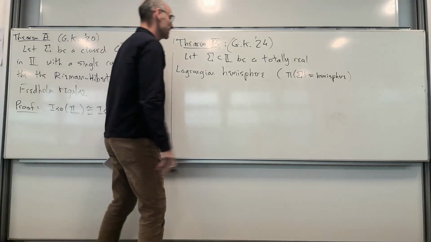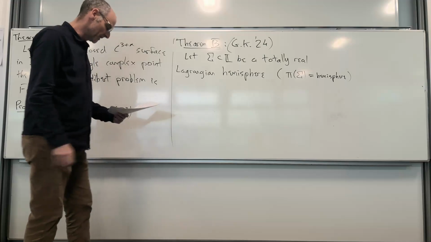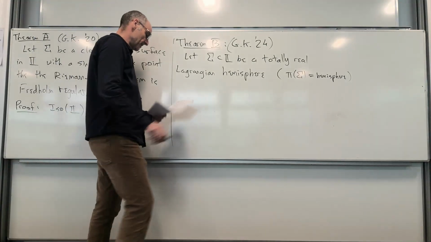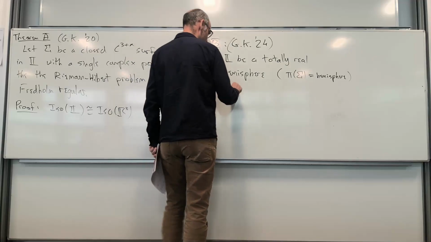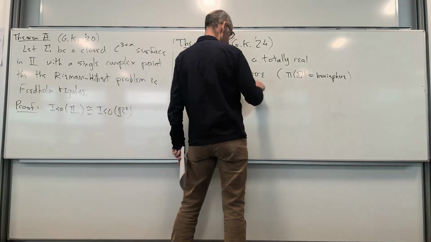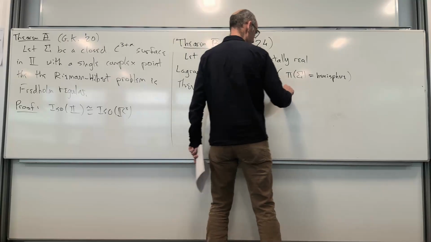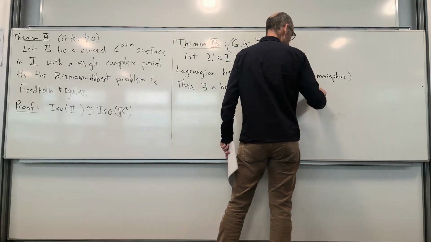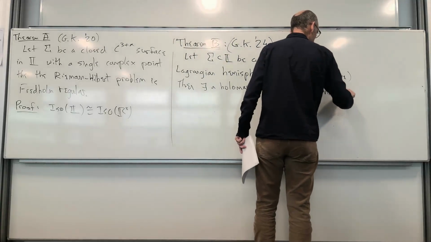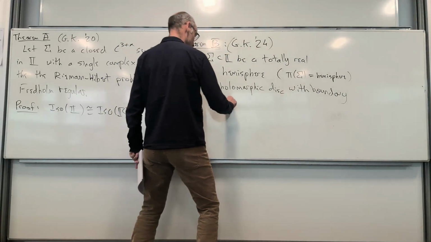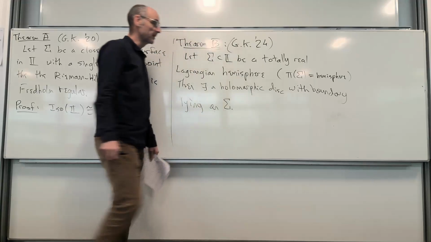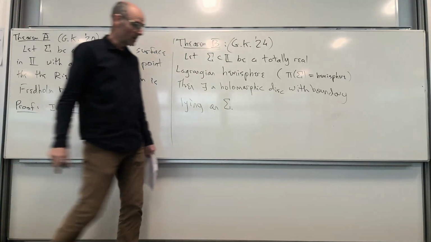So let sigma be a totally real Lagrangian hemisphere, then there always exists a holomorphic disk with boundary on sigma. So this runs contrary to what you might expect.